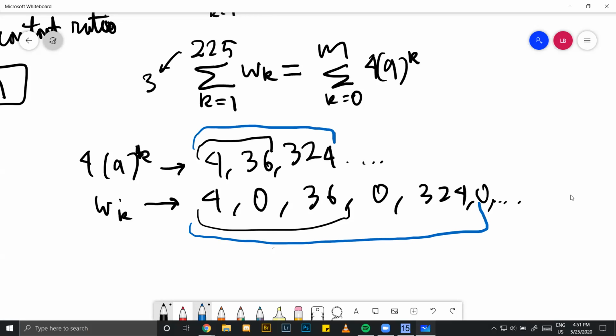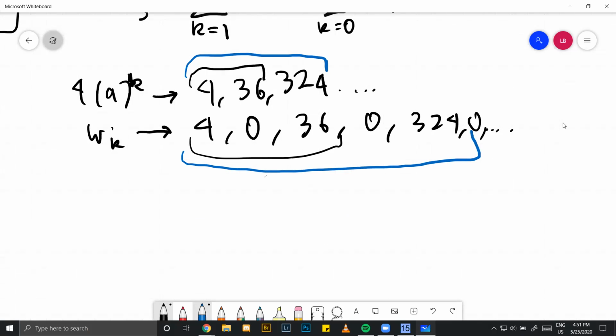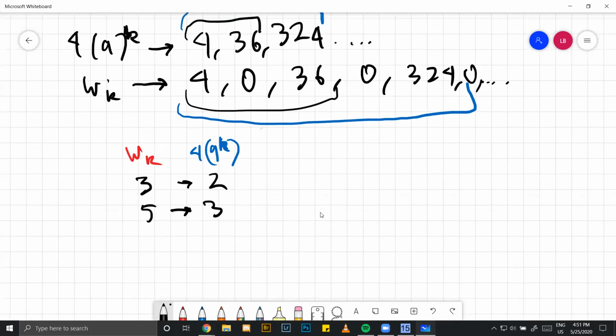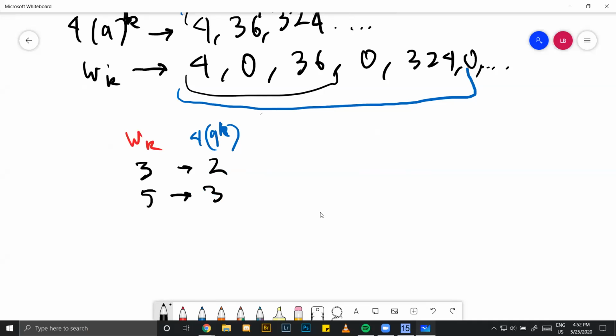So if you look at the wk sequence and the 4 times 9 to the k sequence, 3 of these corresponds to 2 of those, 5 of those corresponds to 3 of those, 7 of these corresponds to 4, and 9 of these corresponds to 5, and so on.